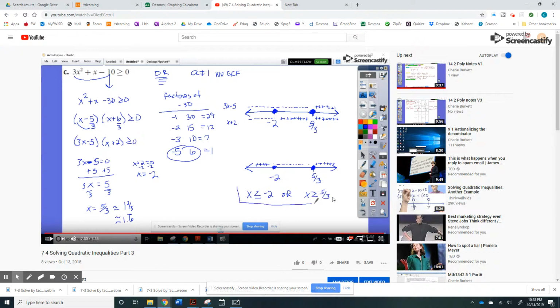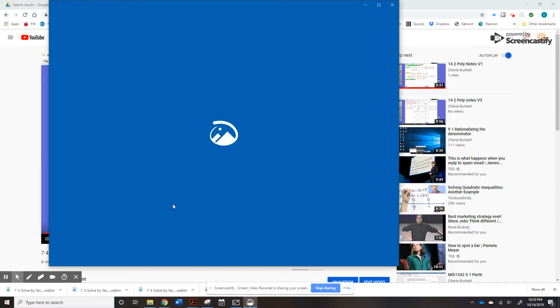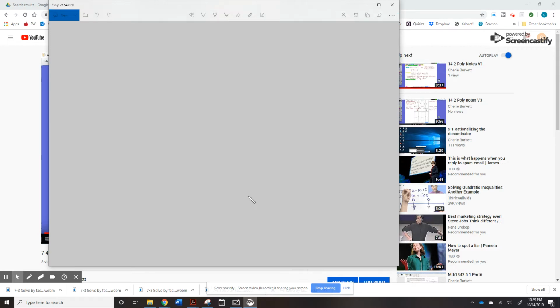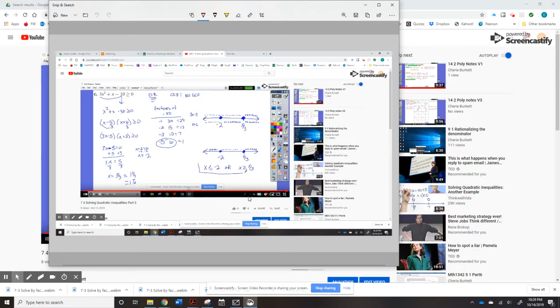And if we were doing, I don't know if this will let me write on it or not. No. If we were doing interval notation, I think I can do it like this. We would write this one. By the way, this should be shaded. This is shaded. This is shaded.